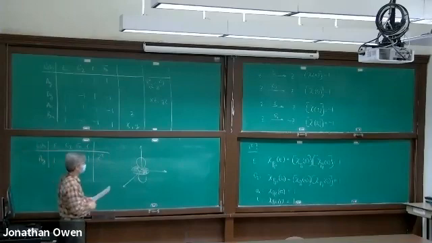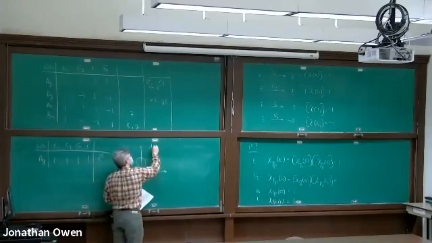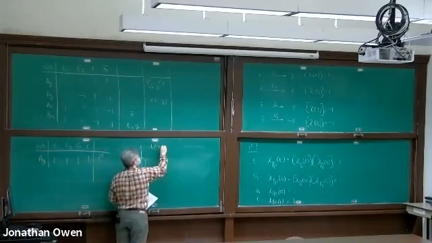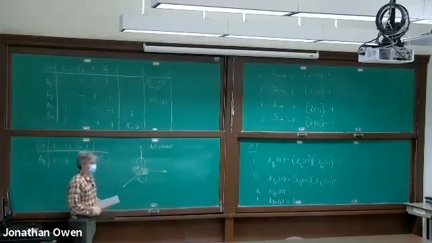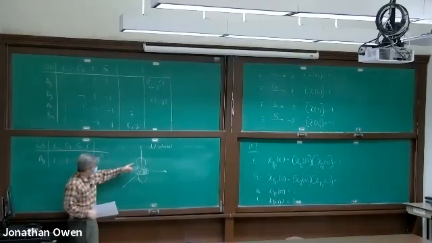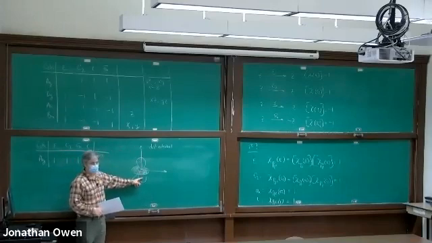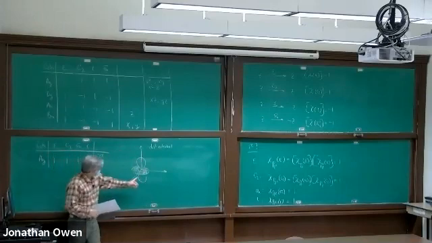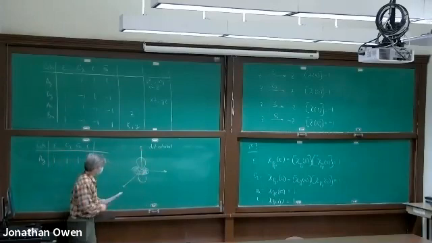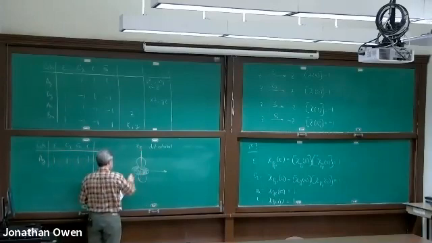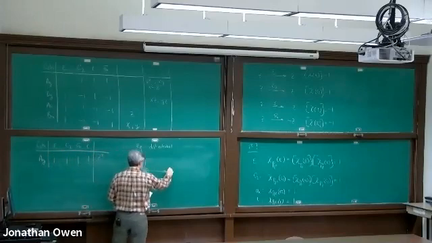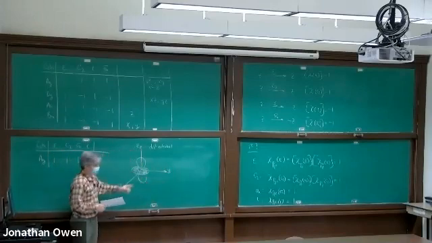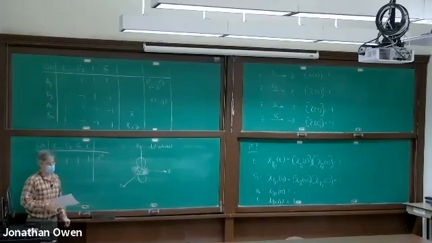That's dz squared. It's different than a p orbital. A p orbital has plus here and minus here. That's not what's going on. This lobe points along the z-axis, and this donut sits in the xy plane.